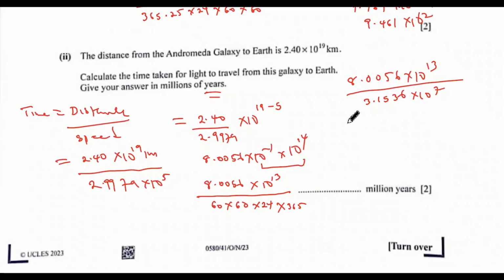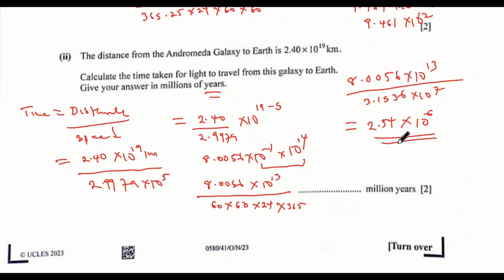So from here, if you divide 8.0056 by 3.1536, you will get 2.54. Then multiply by 10 to the power of 13 divided by 10 to the power of 7, that is division of indices. That will be 10 to the power of 13 minus 7, and you get 6. So this will be the final answer.